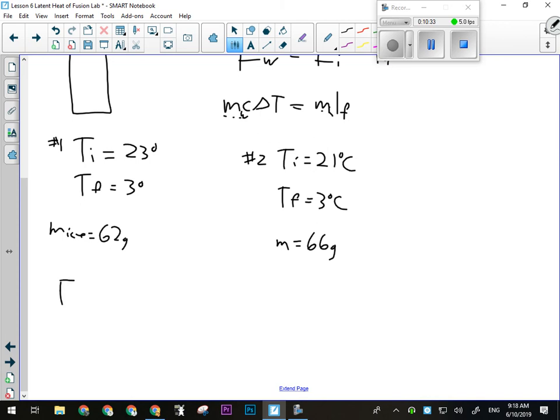So we're going to go E = mcΔT. Now we know that the mass of water was 200 grams, and we know that the specific heat capacity of water is 4.2 joules per gram degree Celsius. And we know that the temperature change for trial 1 was 20 degrees Celsius.